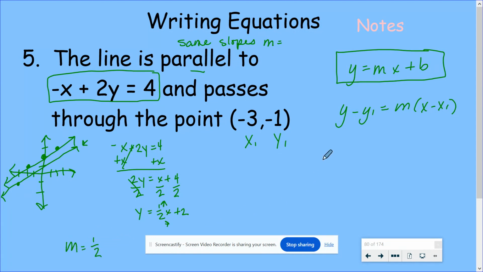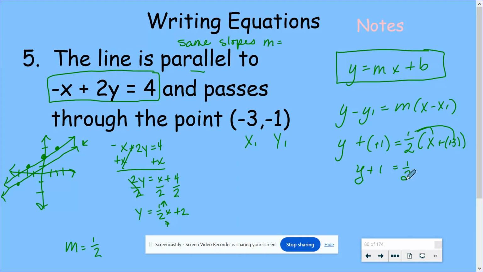So now I can use my point slope. Y minus y sub 1. So I'm going to substitute y sub 1 with my negative 1. I'm going to substitute my m with 1/2, since I know the slope is 1/2 now. And I'm going to substitute negative 3 into my x sub 1. Clean it up a little bit. So y plus 1, change, and then distribute.